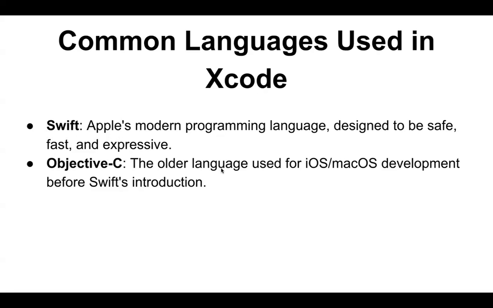Nowadays, some companies are still using it, but nowadays everyone is using this modern programming language. Why? Because in Objective-C, we get some memory related issues, or automatic reference counting issues. So we are facing a lot of issues in Objective-C. That's why they introduced the programming language Swift.